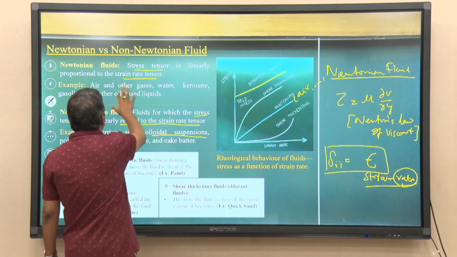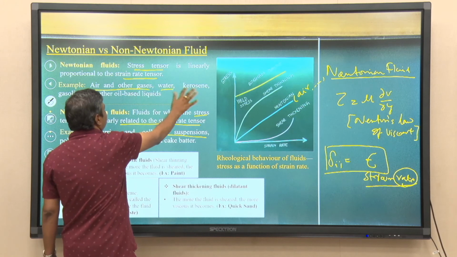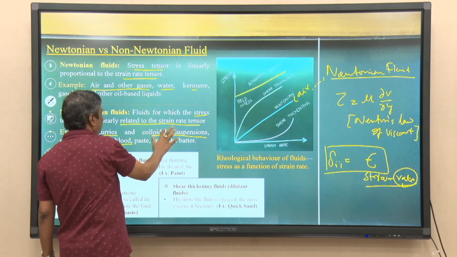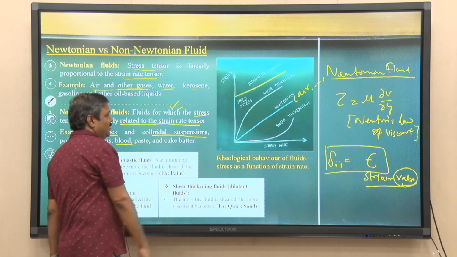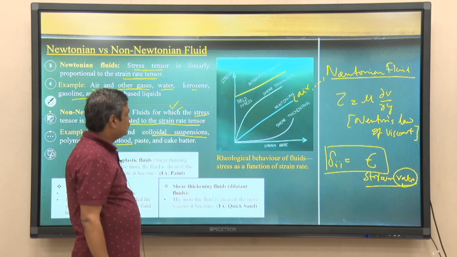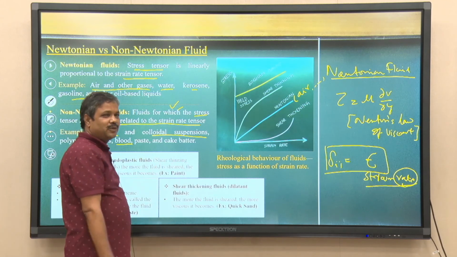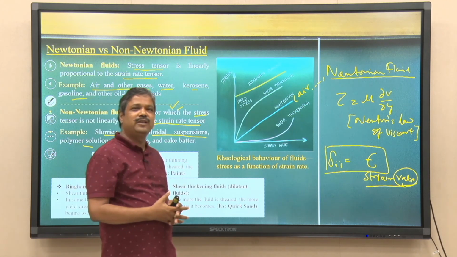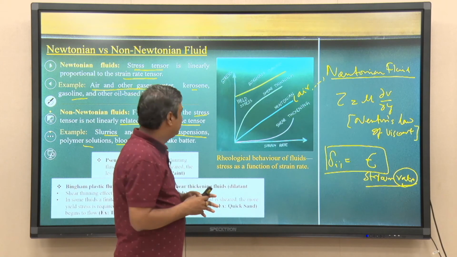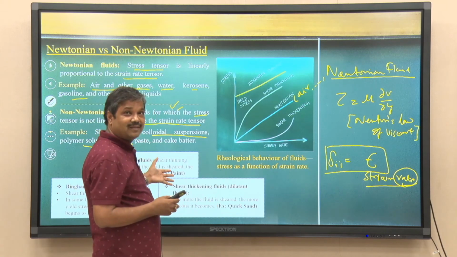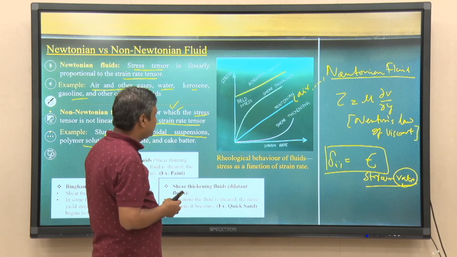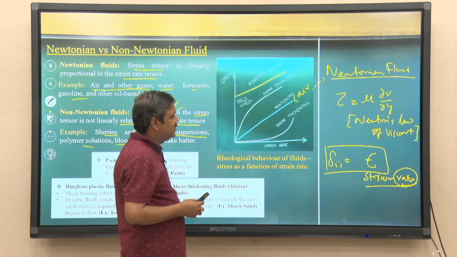Mostly we are concerned with air, water, kerosene and gasoline. So, please have knowledge of that. The Navier-Stokes equations are derived for Newtonian fluids and cannot be used for non-Newtonian fluids. We need to do a lot of other things for those, but let us not discuss that.